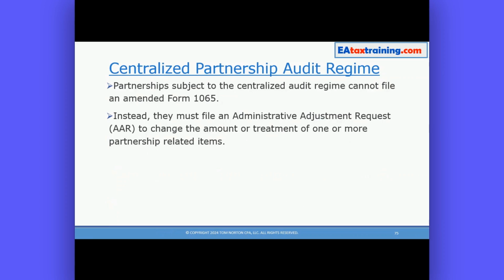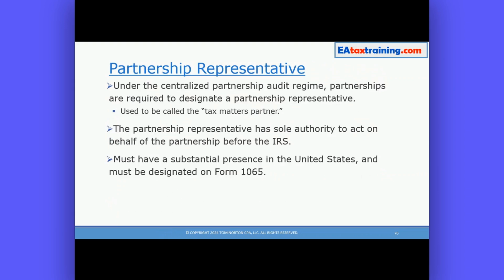Instead, they file an administrative adjustment request, an AAR form, to report whatever the change in treatment is. So just remember that for the exam. A partnership that is subject to the centralized partnership audit regime does not file an amended 1065. They file an administrative adjustment request instead.